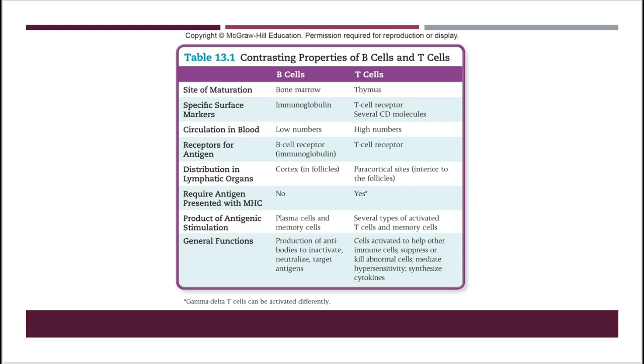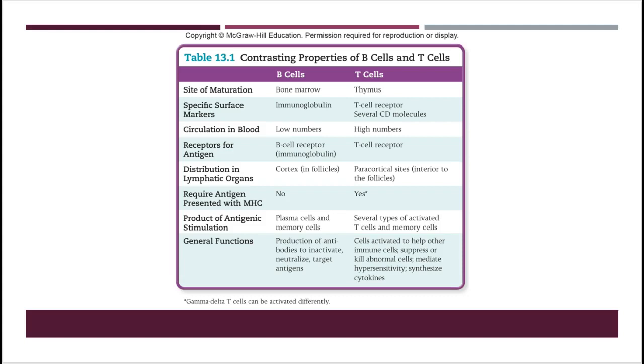B cells are found in the cortex of lymphatic organs. T cells are going to be found in paracortical sites, so they are going to be further in from the follicles. B cells do not require antigen presented to them with an MHC molecule, while T cells do.